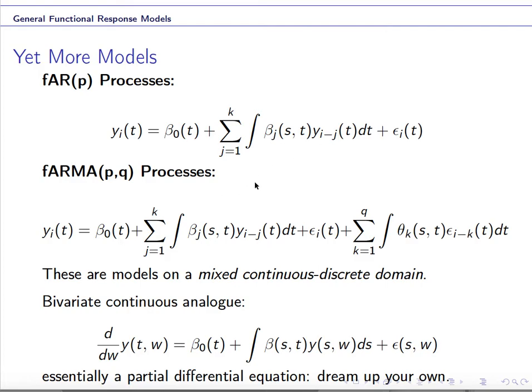Similarly, you can also come up with a functional version of the ARMA model. In time series, we also have ARMA models. In these models, y_i(t) will not only depend on the hazard curves from i-1 to i-k, it also has the residuals epsilon_i(t), and epsilon_{i-1} to epsilon_{i-q}(t). So this considers the correlation among these residual curves. Similarly, you can also come up with partial differential equation models when you consider the derivative of the curve on the left side.